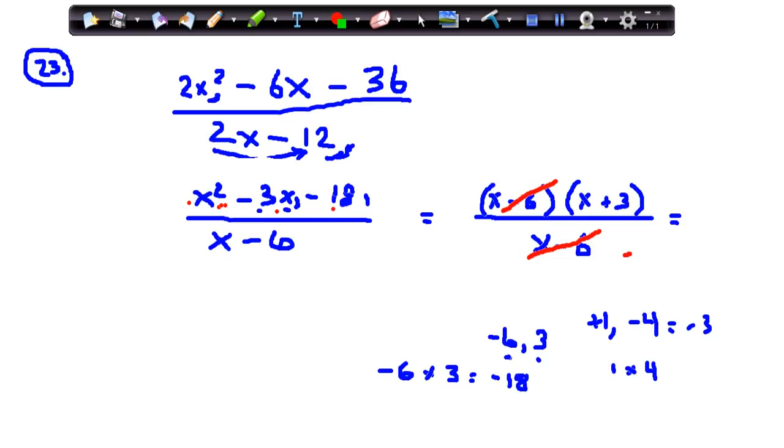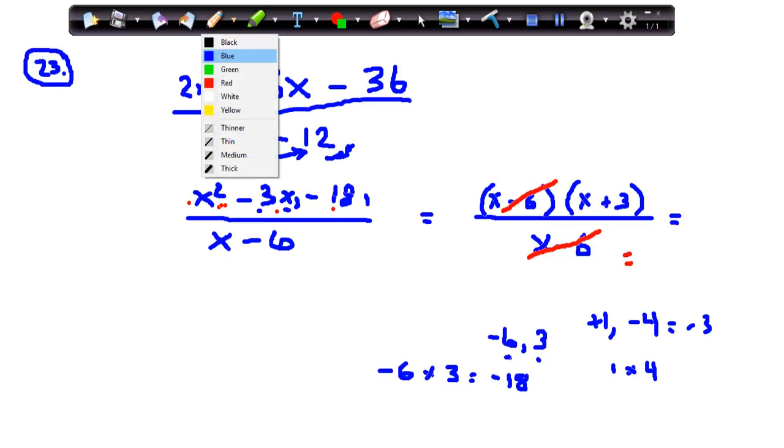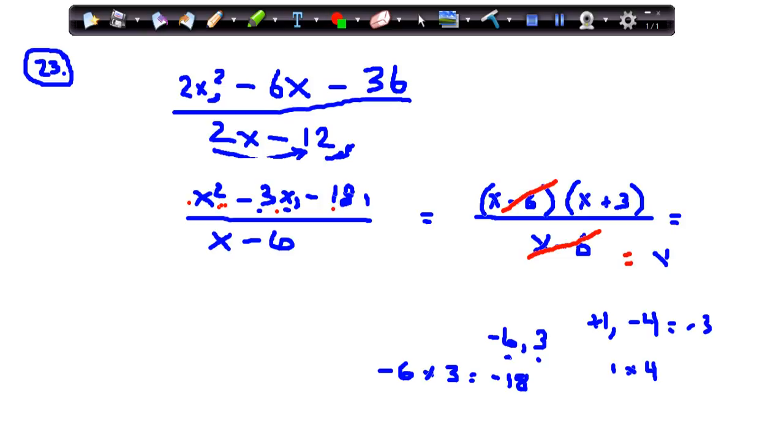We'll put the equal sign here. I like blue because red I use for correction. So what are we left with? The only thing left is x plus 3. This is your answer.